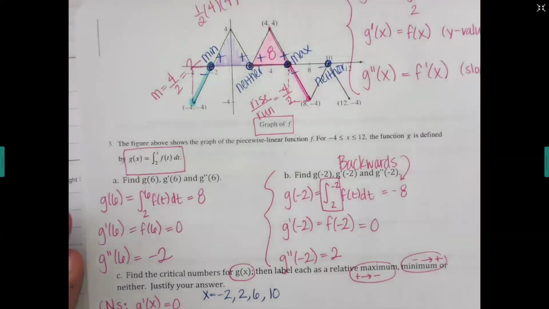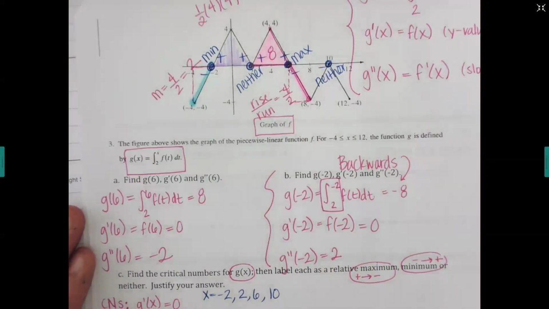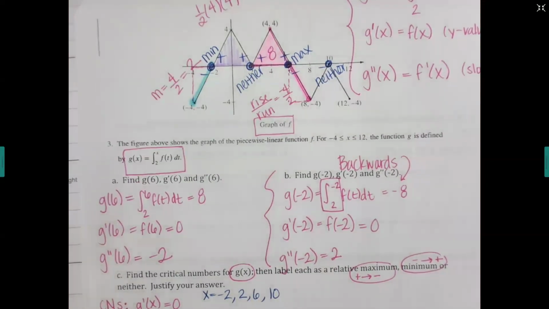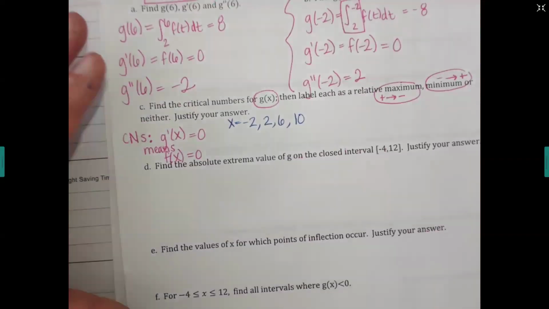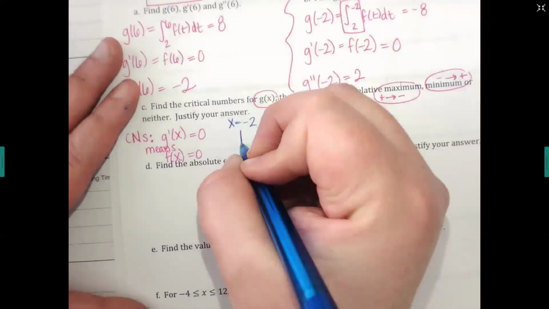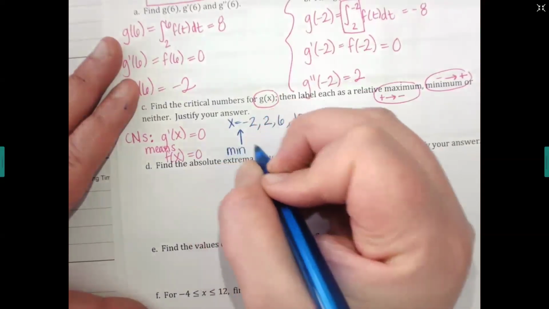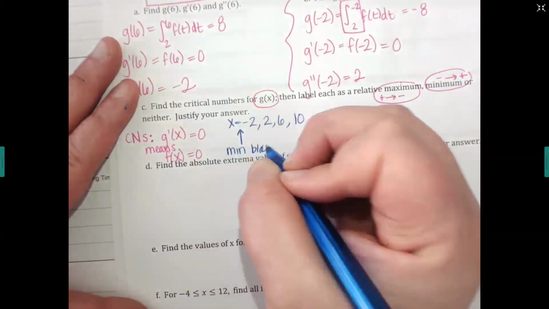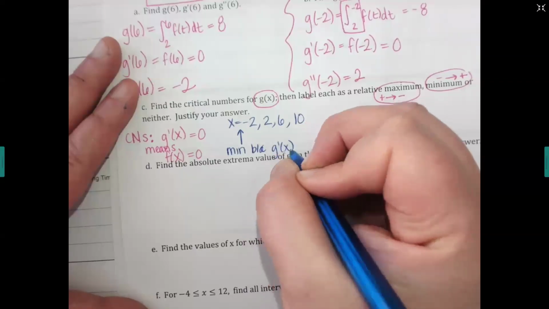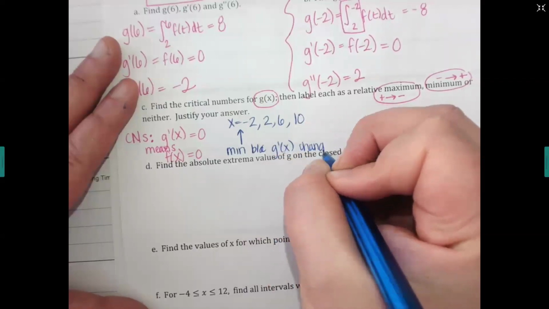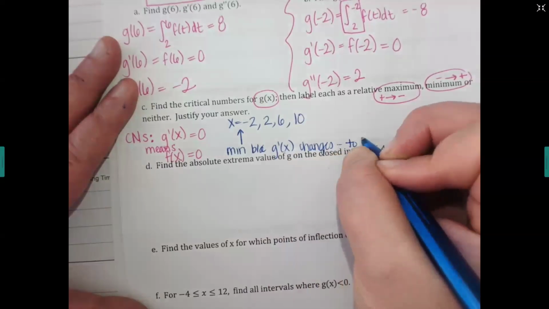So let's come down here and let's write that. So we're going to put that x equals negative 2 is a min because g prime of x changes minus to plus.